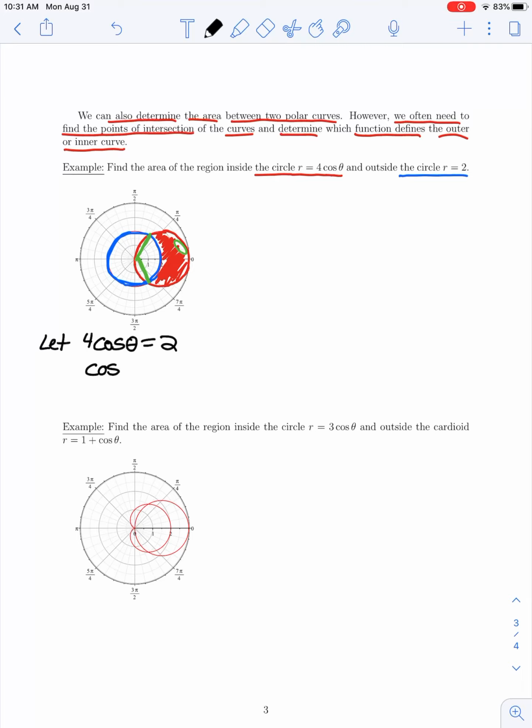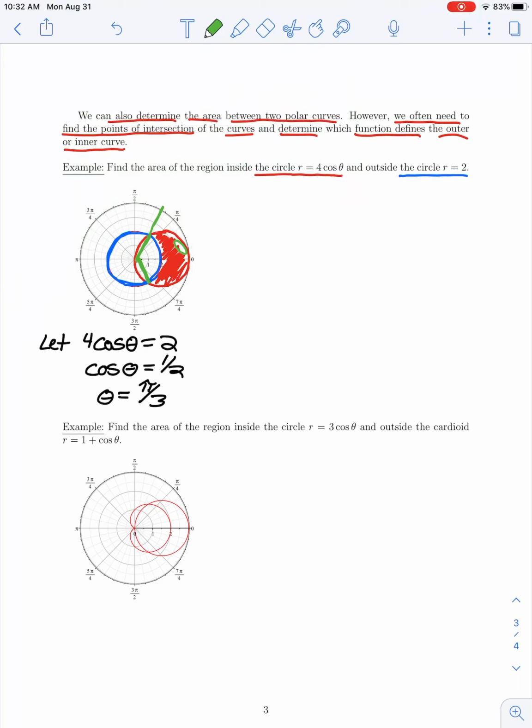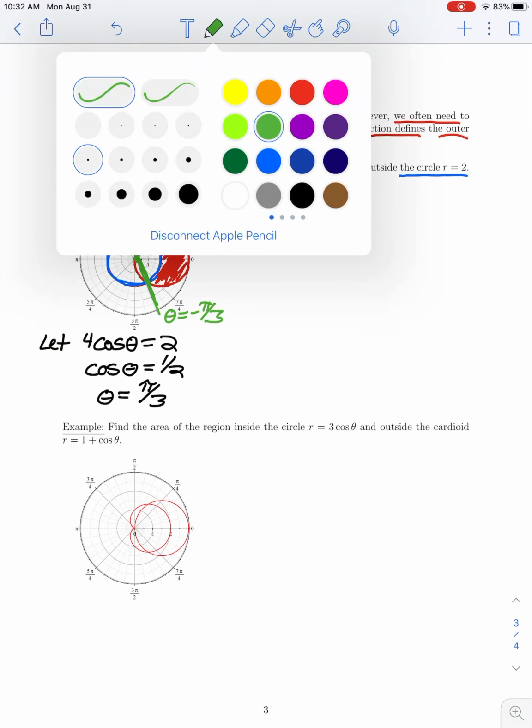So we find then that cosine of theta is equal to 1/2, and so theta would be equal to pi over 3 radians. So we see this first angle measure corresponds to theta equals pi over 3. And then, of course, since that region is symmetric, this other angle measure would be negative pi over 3. That is just a clockwise rotation by the same angle measure.